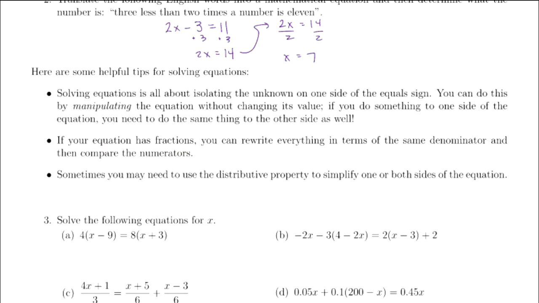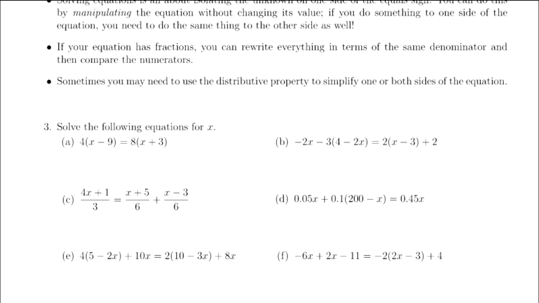And then if your equation has fractions, rewrite everything with the same denominator, and then look at the numerators. Sometimes you have to use the distributive property. So we're going to do A, B, and C together, or I'm going to do A, C, and E now, and we'll do the rest together.